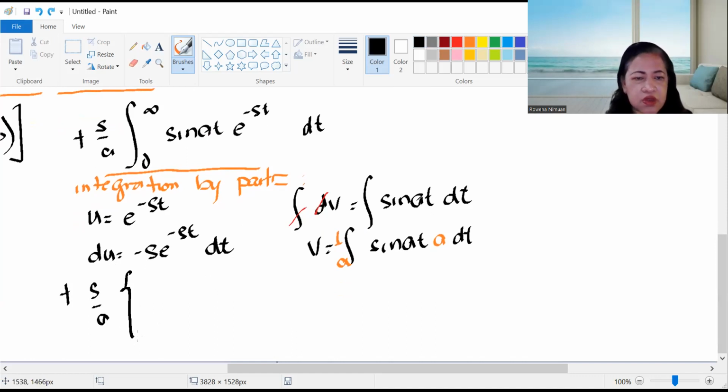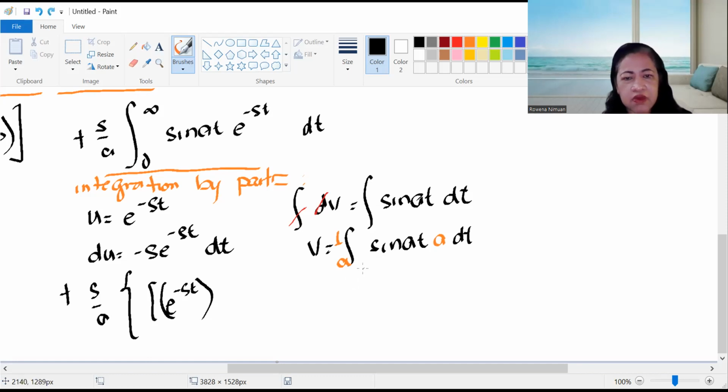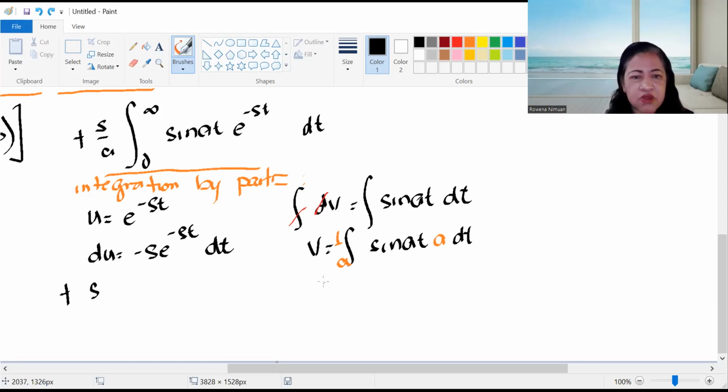u is e to the negative st, and my v. I have not yet done the integral here, so v, we're going to integrate. So v is equivalent now to 1 over a negative cosine of at.